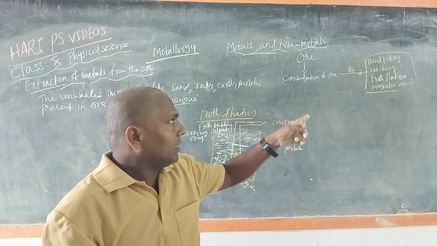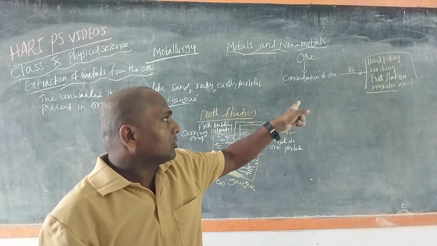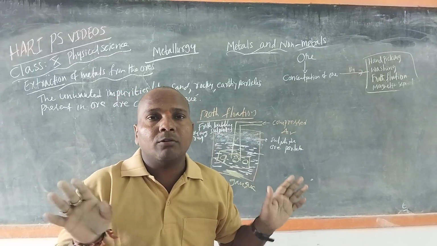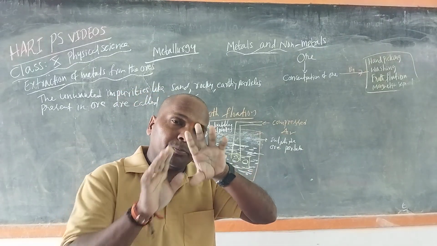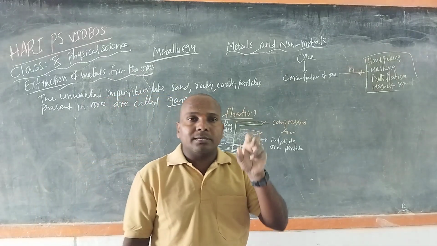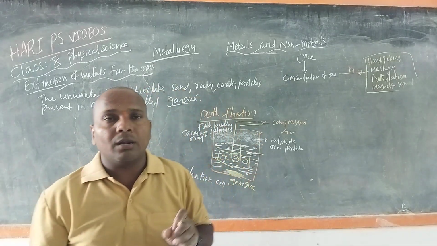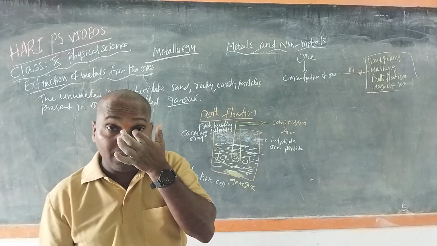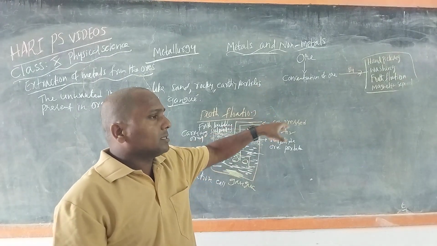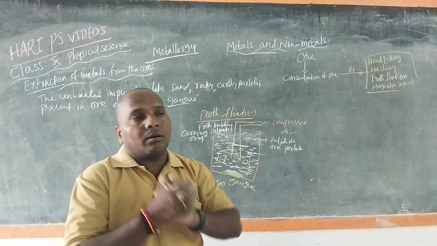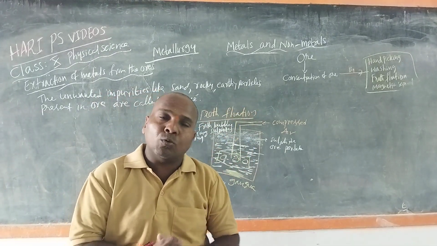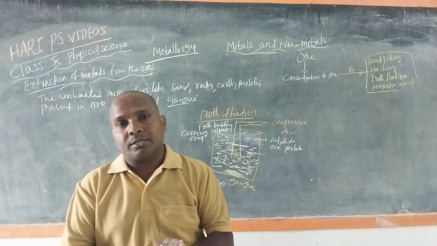So by hand picking, by washing, by froth flotation, by magnetic separation, we separate the impurities from the ores. The impurities present in the ore are called gangue. By these four methods we remove all the impurities, then we get the concentrated ore with no impurities.